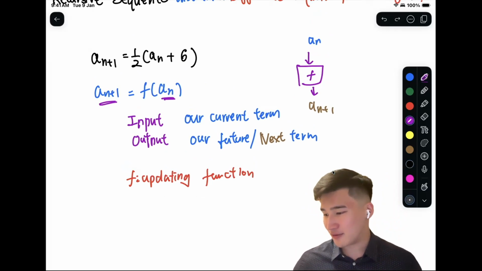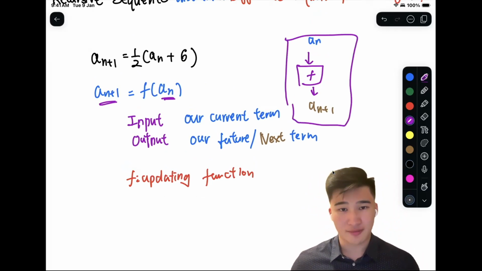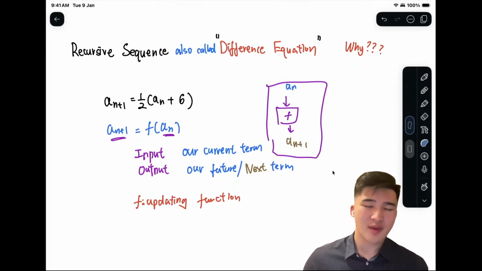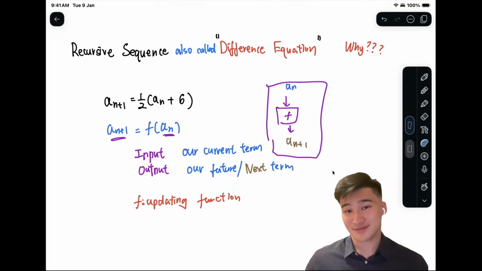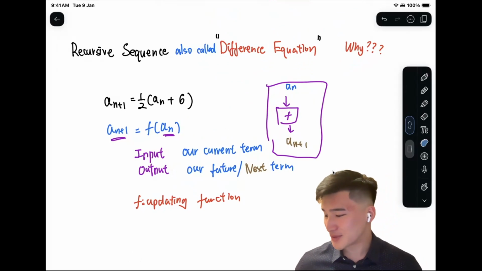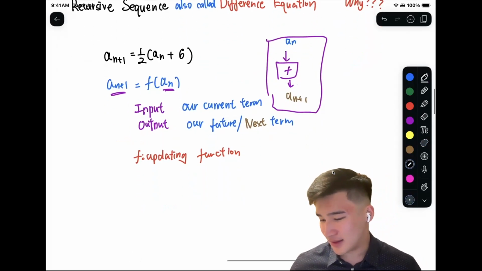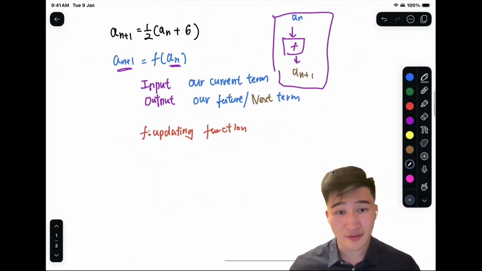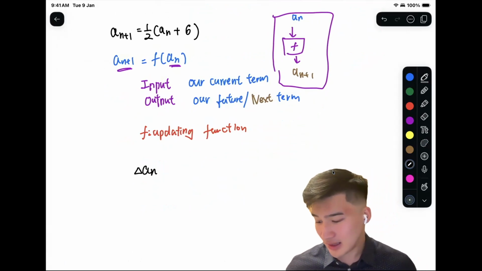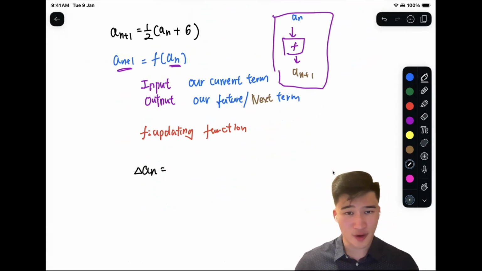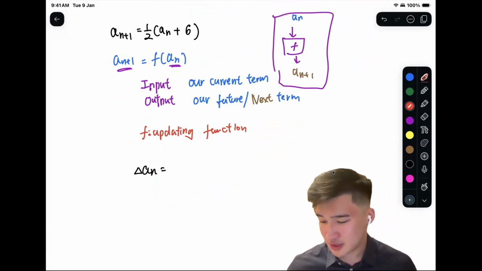You can see from this diagram what's happening. And now you may be wondering, Michael, I don't see how this is a difference equation. Now I'm going to tell you why. Let's look at a variable called delta a(n). We know delta just means the difference, right?